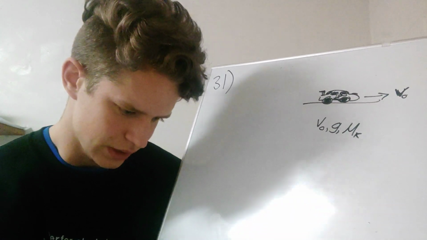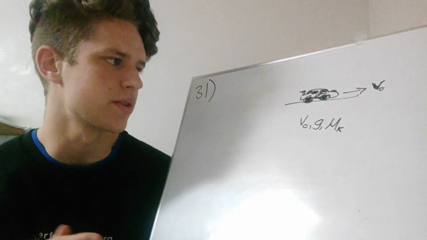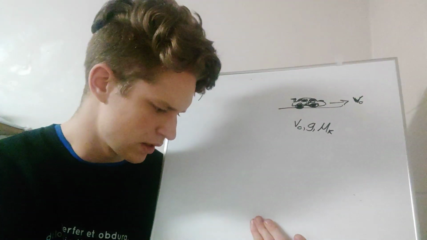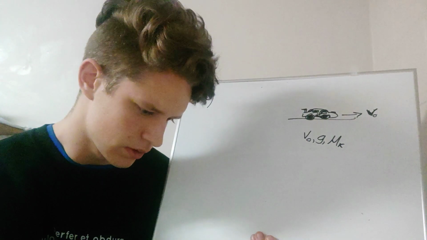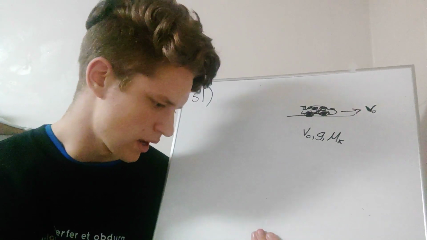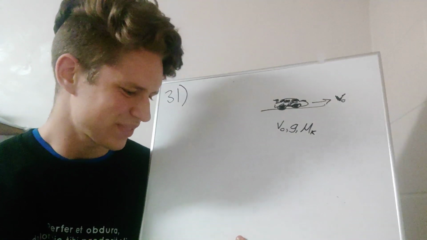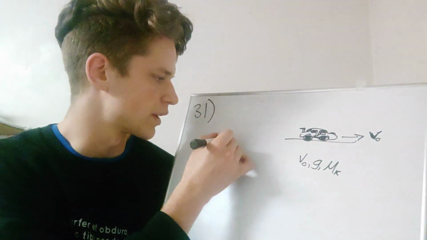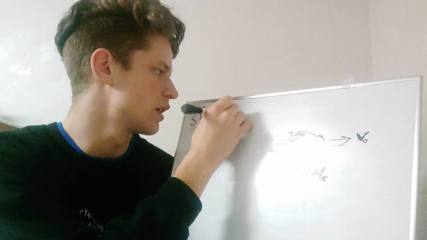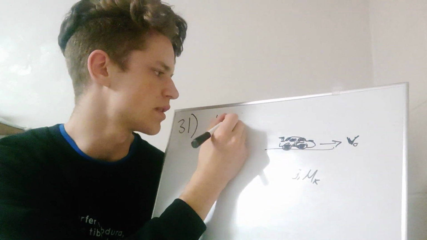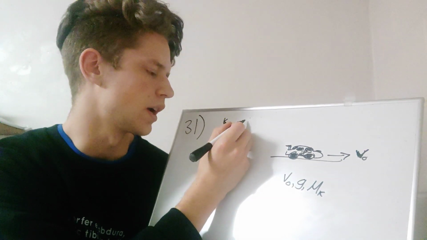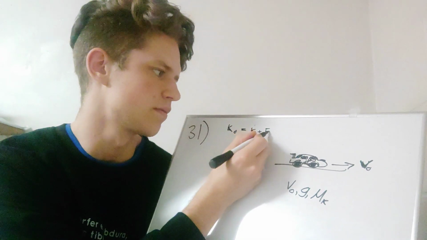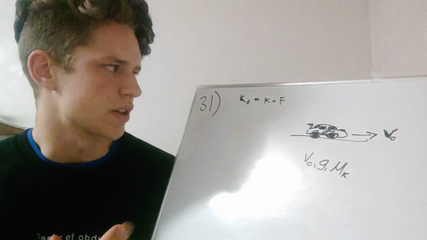Okay, so the minimum stopping distance, the way to figure this one out, is you're going to use your momentum and energy equations. So you're going to get the kinetic energy beforehand, so K0 is equal to your kinetic energy after, plus the energy from the friction.